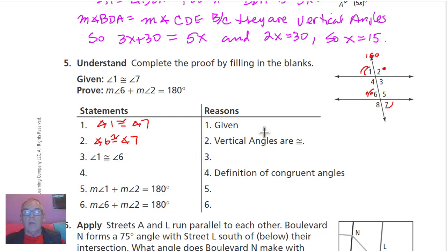And then by substitution, we could say that angle 1 is congruent to angle 6. We have 1 congruent to 7. We have 7 congruent to 6. So that leaves 1 congruent to 6 by substitution. So, substitution property of equality.